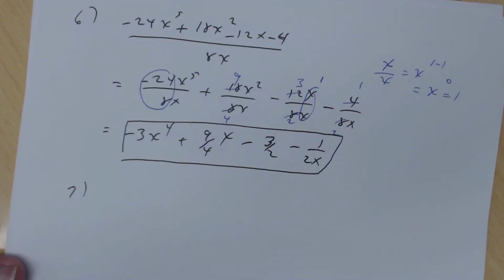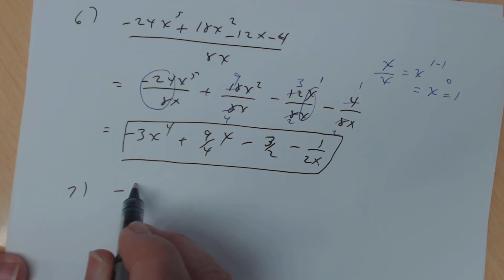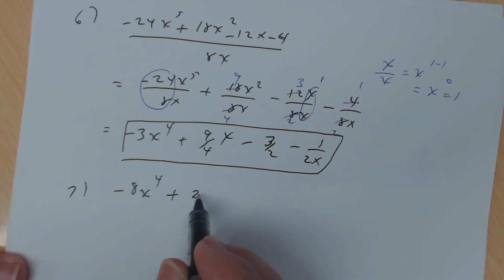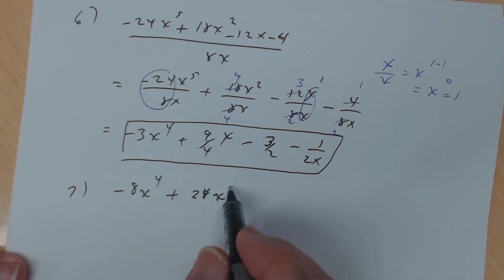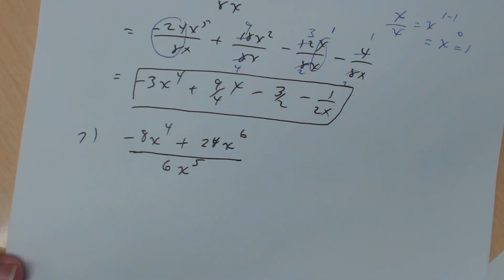Okay, number 7. Suppose you had negative 8x to the 4th power plus 24x to the 6th power, divided by 6x to the 5th.